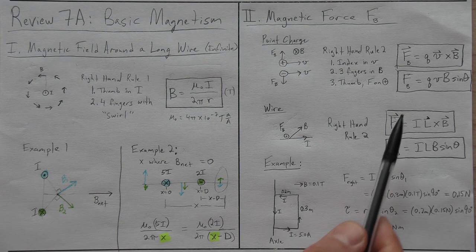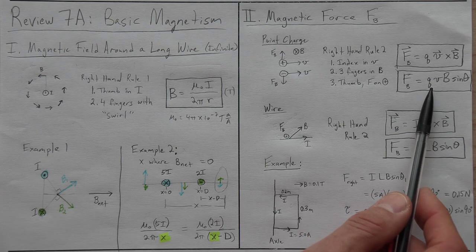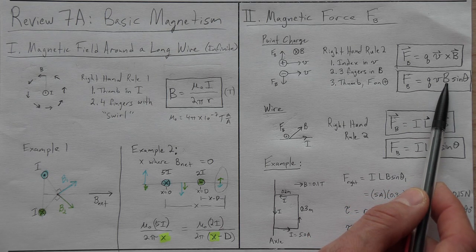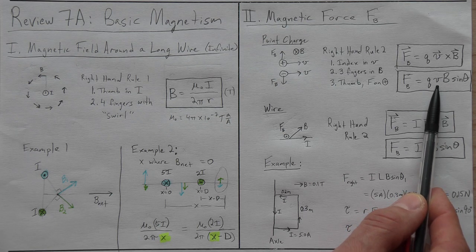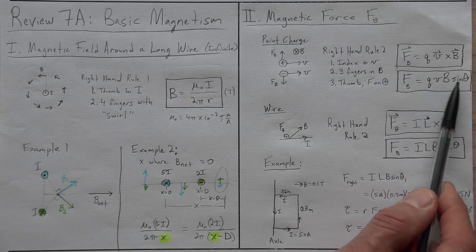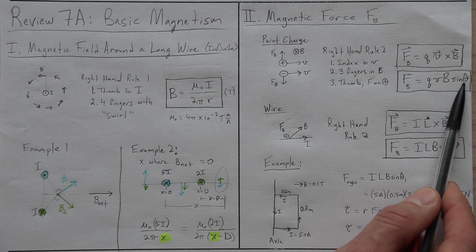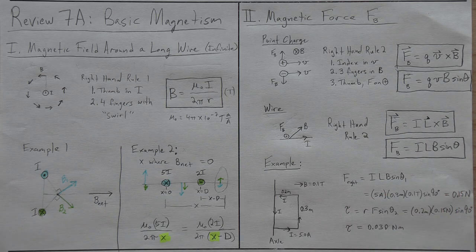In the case of a magnetic force, as you remember, you need a charge and a field, but you also need velocity. A stationary electron next to the world's most powerful magnet will not experience a force. It has to have velocity. Furthermore, the angle between the velocity and magnetic field cannot be 0 or 180 degrees. It has to be some other value. It maxes out at 90 degrees.